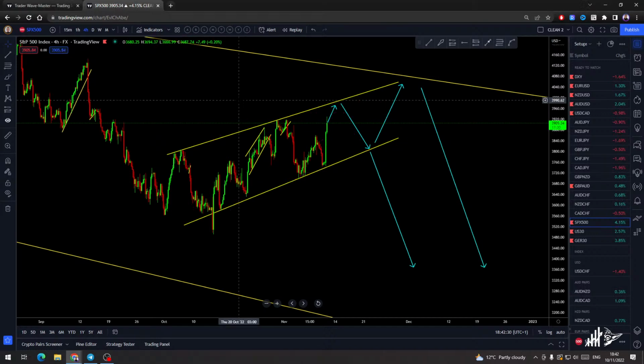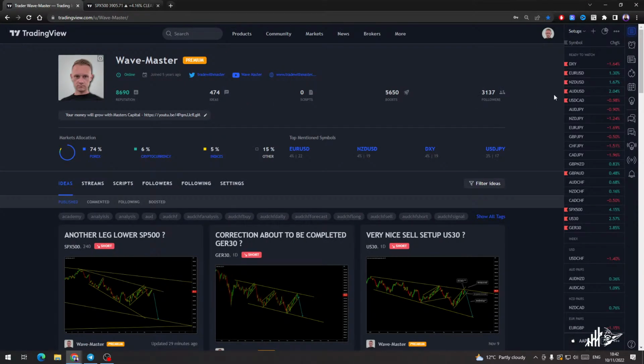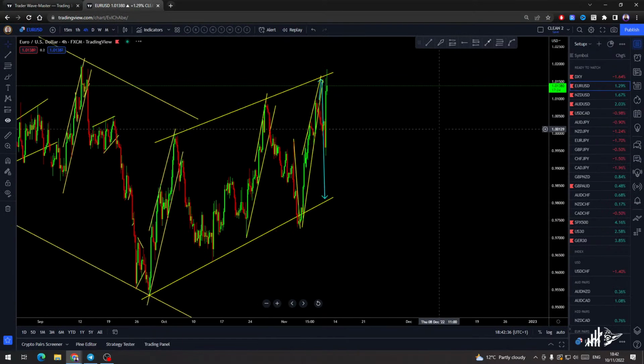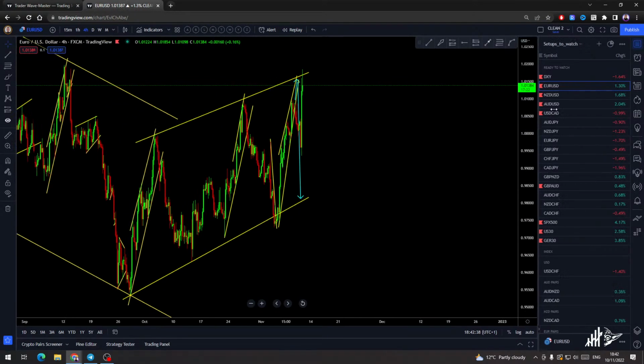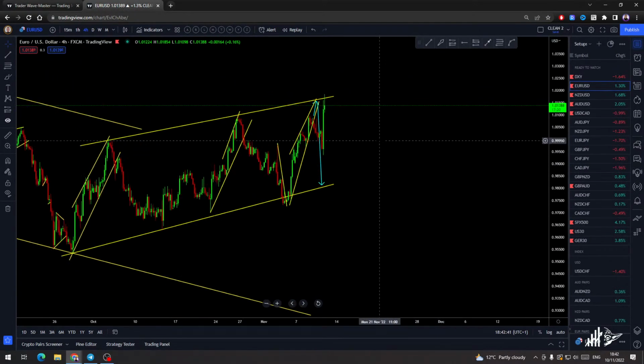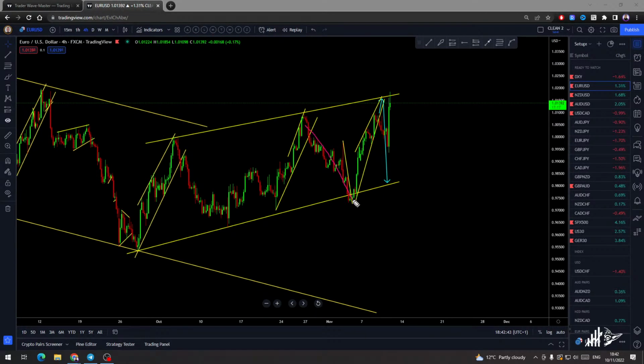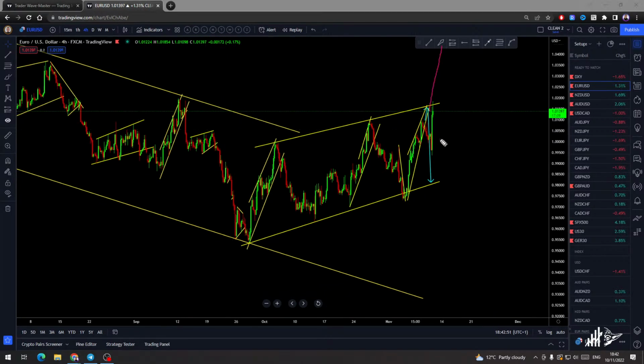This is exactly what happened with the euro dollar. What we did was we were selling this one and we were buying this one. Now we will start watching for sell stops again. We don't see any buy here.